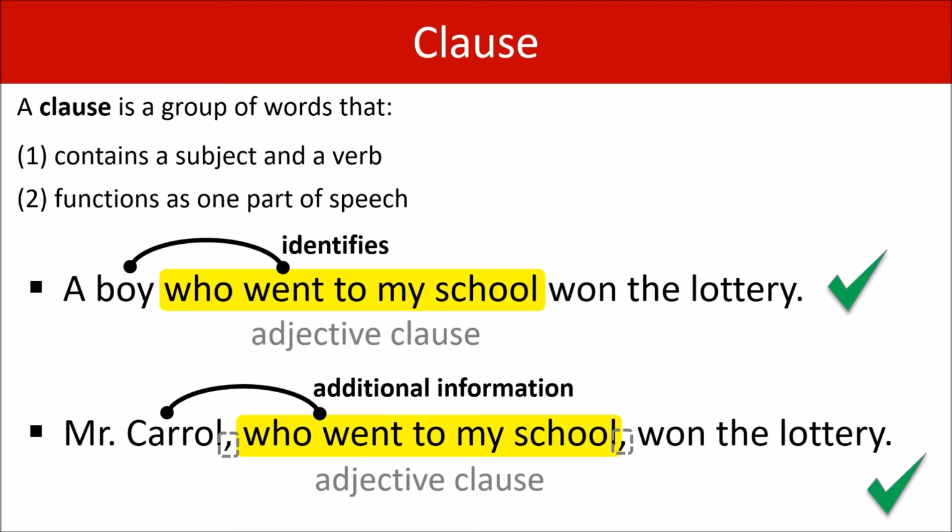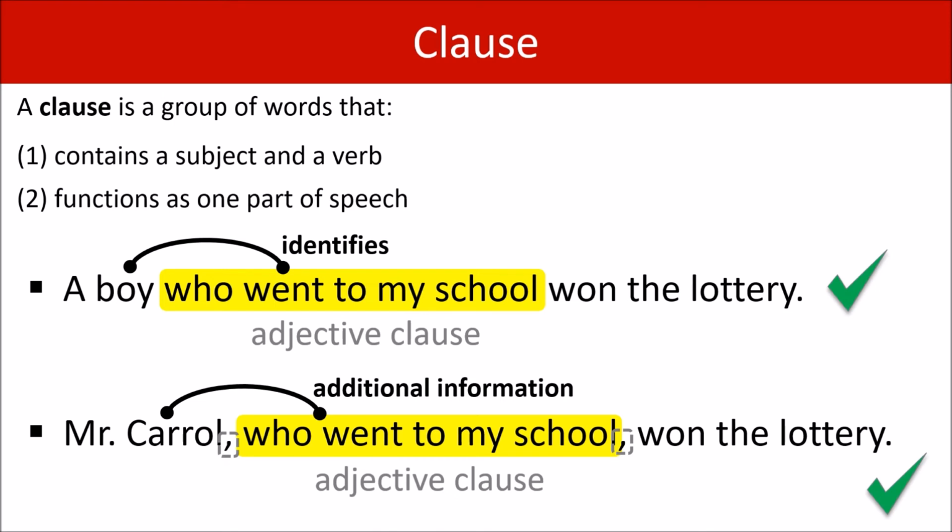In the second example, we know exactly who we're talking about before we get to the adjective clause. We're talking about Mr. Carroll. Who went to my school is just additional information. When an adjective clause is just additional information, it is offset with commas.